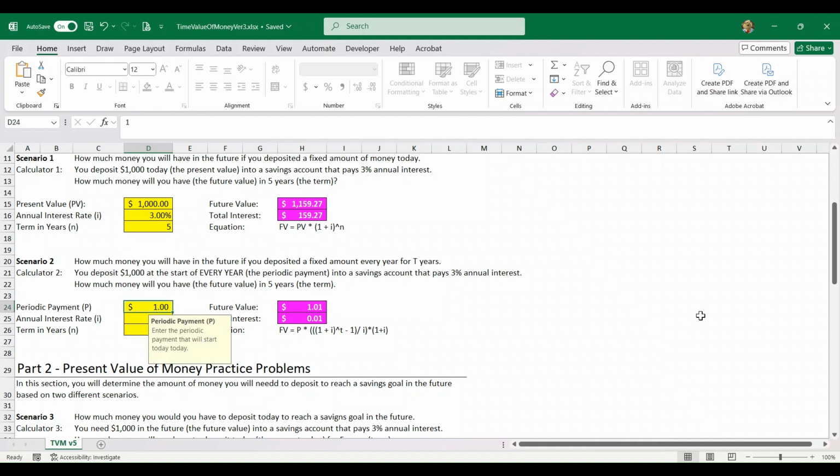So in this case, we're going to deposit $1,000 at the start of every year. We're going to earn 3% on that money, and we're going to do that for 5 years. So then the question is, how much money will we have at the end of 5 years? You can see the equation down here is a little bit more complicated, but this is what it gives us as an answer.